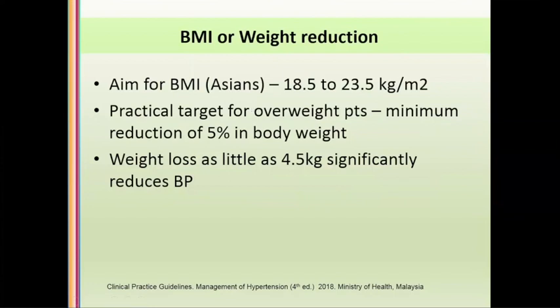Even in young people, reducing 5 kilograms per month is a big story. For those of you who are dieting, I'm sure you know. It's a big task. So we have to be very practical when we advise people.